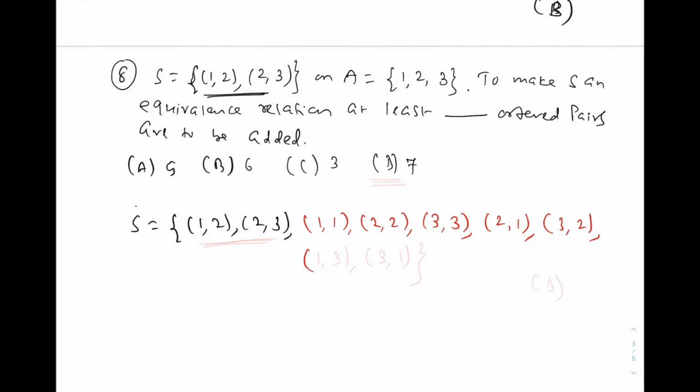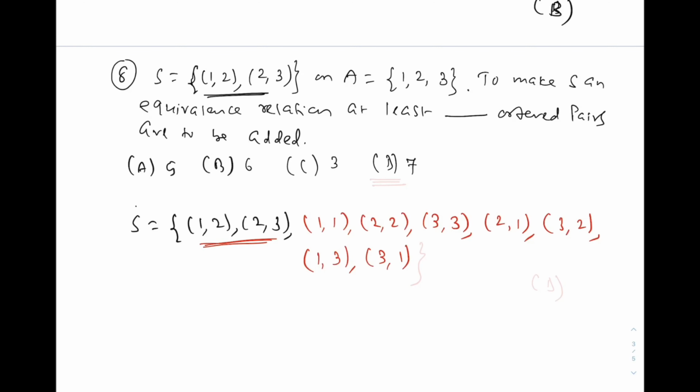Now for transitive also, you have pairs like (1,2), (2,3), so you must need (1,3). Once you need (1,3), you must need (3,1) also for symmetry.